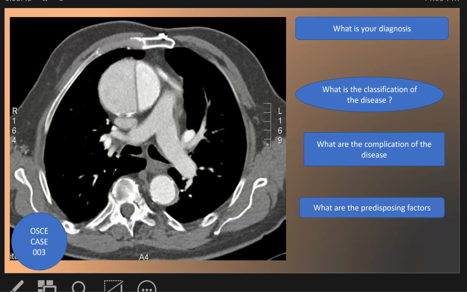What are the predisposing factors for the disease? We have multiple predisposing factors, and I will mention some of them, and please go and read the whole list of the predisposing factors.